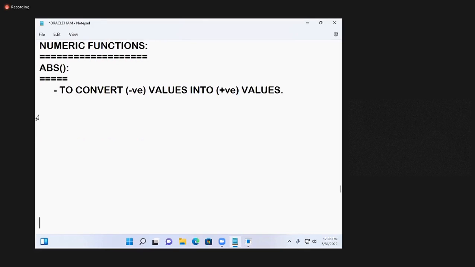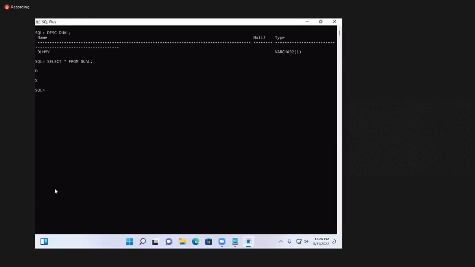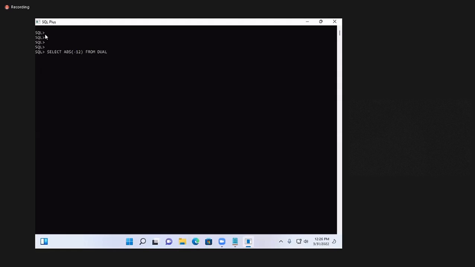Now let me show some examples of this. Come to my database here. For example, I am passing ABS of, suppose one value directly, -12, and I just call it from the table DUAL.